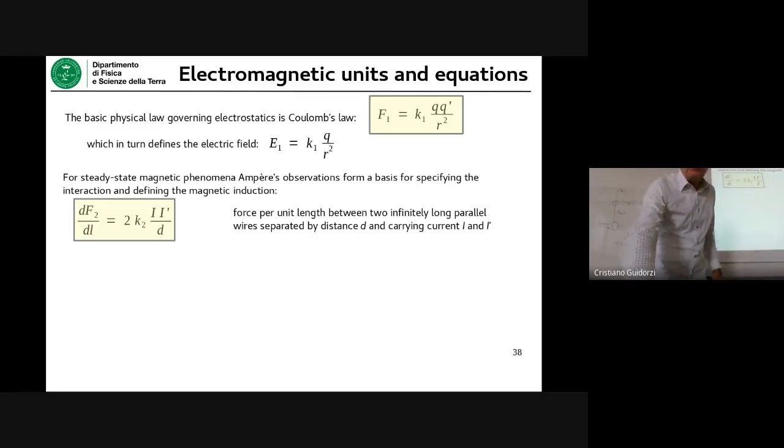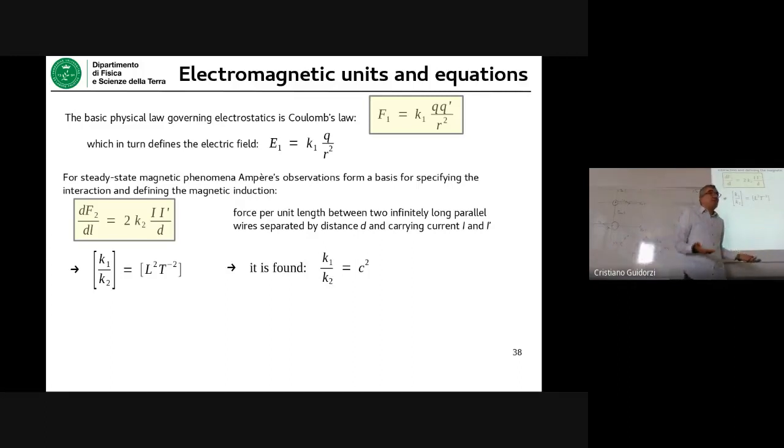But you see, if you compare Coulomb's law and this one, and work out the ratio between the two side by side, you have a ratio between forces, so everything is known. You immediately see that the ratio between the two constants that we introduced is not arbitrary. It has necessarily to be a velocity squared. There's no other way. Just work out the ratio from a dimensional analysis point of view. So your choice of K1 and K2 cannot be independent. Dimensionally, their ratio has to be a velocity squared.